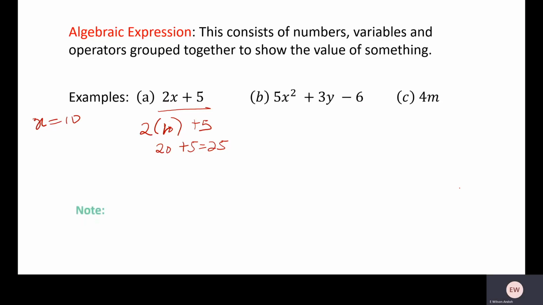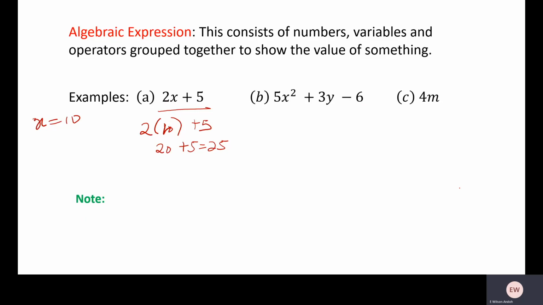And one thing we have to note is that in these examples, you can see that we do not have an equal sign in any of them. And a lot of students get confused. Sometimes they use expression for equation, they use equation for expression, but we have to note the difference.